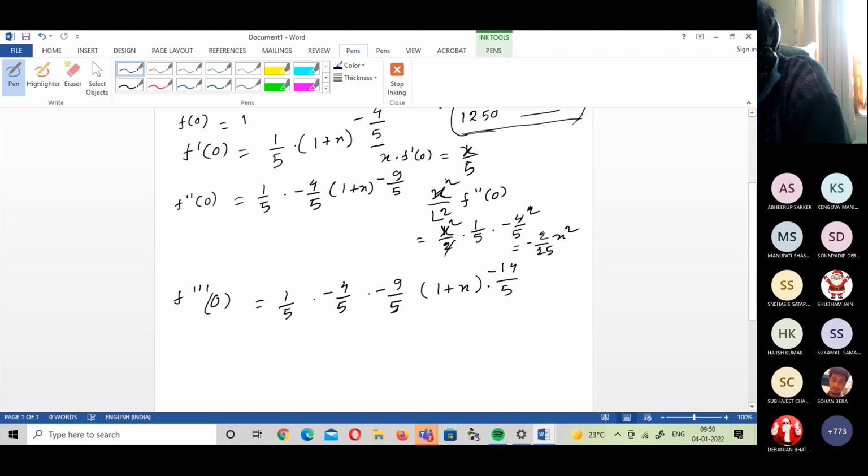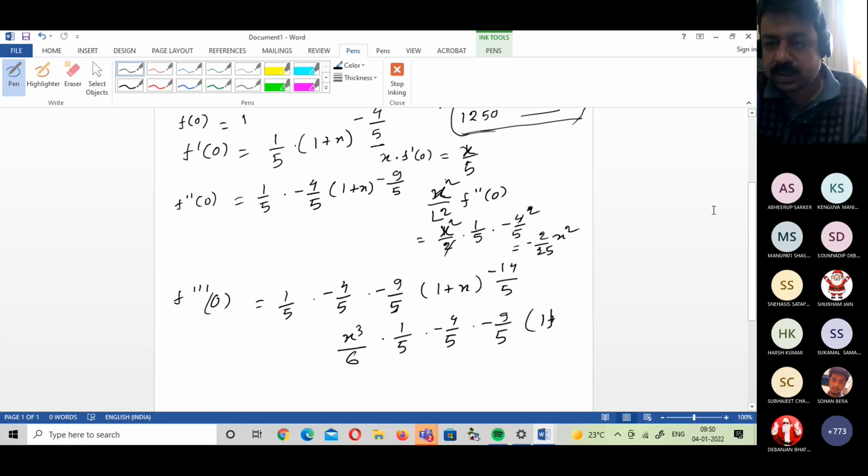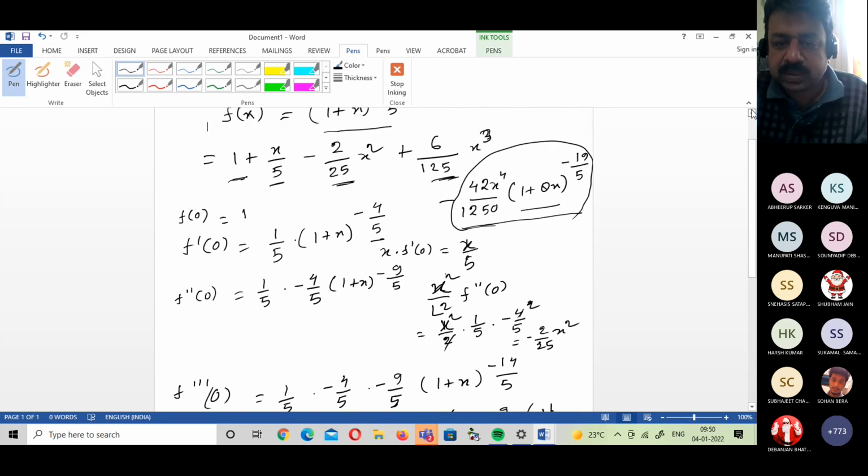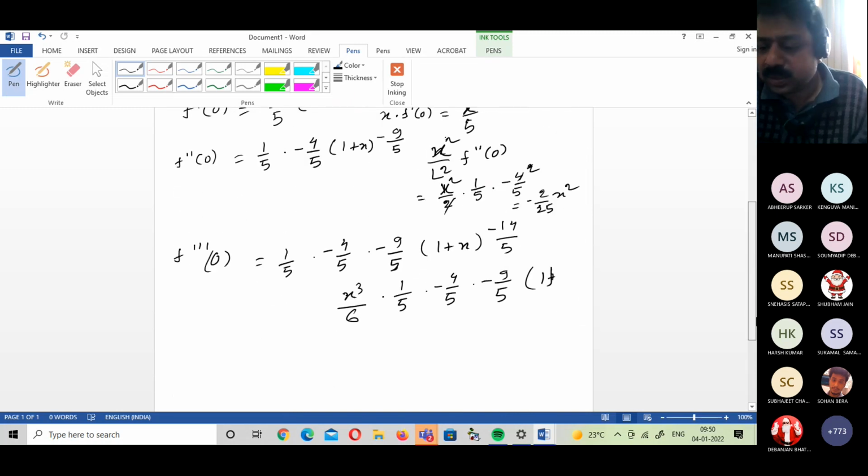So here x cube by factorial 3, that is 6, into 1 by 5, minus 4 by 5, minus 9 by 5, and (1 plus x) will be 1. You can easily obtain that it will be equal to 6 x cube by 125. Now the last term, here you fix the remainder in Lagrange's form.